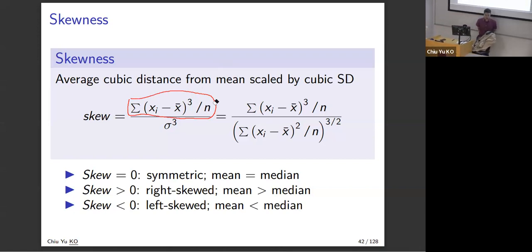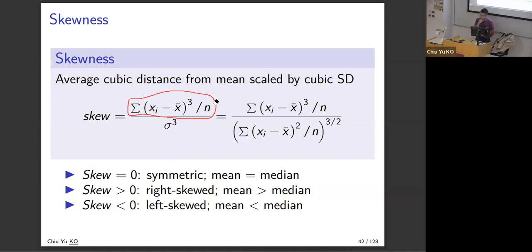A square is always positive, but a cube can be negative or positive: if you start with a negative, it will be negative, and if positive, it's positive. It means that if more of the data is higher than the mean, the skew will be positive. If your data is below the mean, it will be negative. And if the measure is 0, it is symmetric. That's the idea.